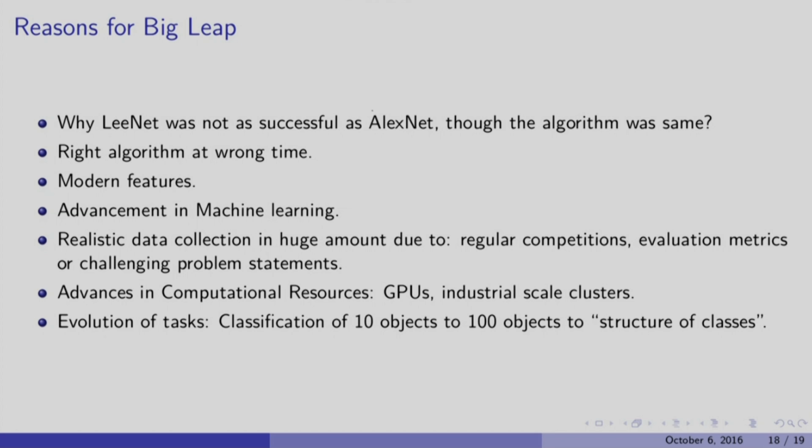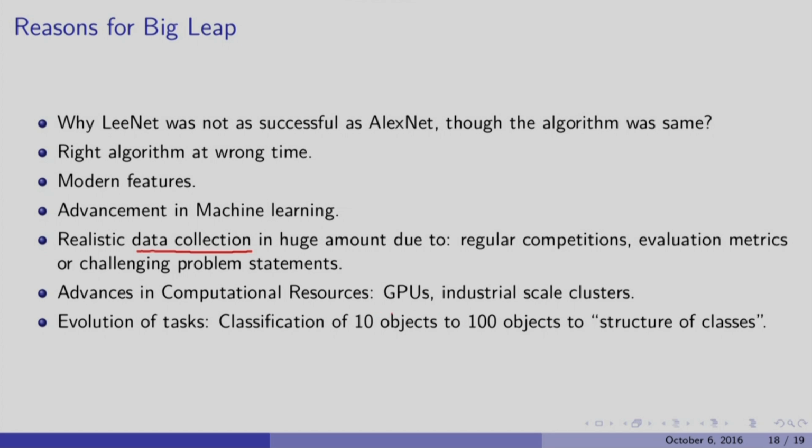There were several algorithms that have been developed in the past, but many of them became effective with modern features and advances in machine learning paradigms, which include pre-training. Of course, one of the important reasons for advance was also the large amount of data, and this can be attributed to regular competitions, evaluation metrics, and several challenging problem statements.